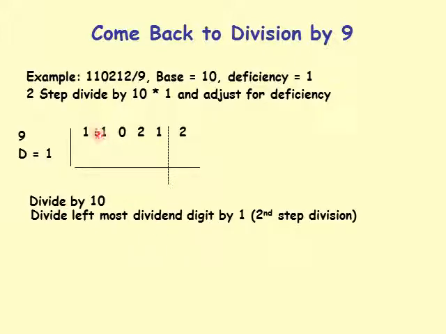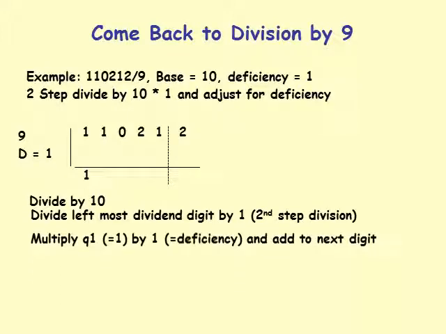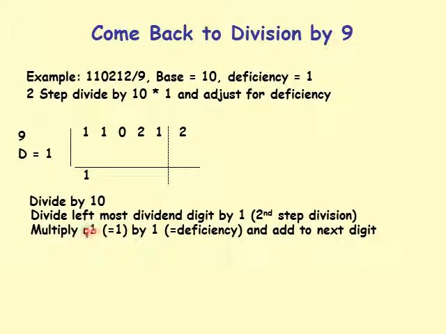We're going to divide the leftmost digit 1 by 1 in the second division. So 1 divided by 1 is 1. Now there are adjustments here. Multiply q1, which is 1, by 1, which is the deficiency, and 1 times 1 is 1, so we will add that to the next dividend digit.